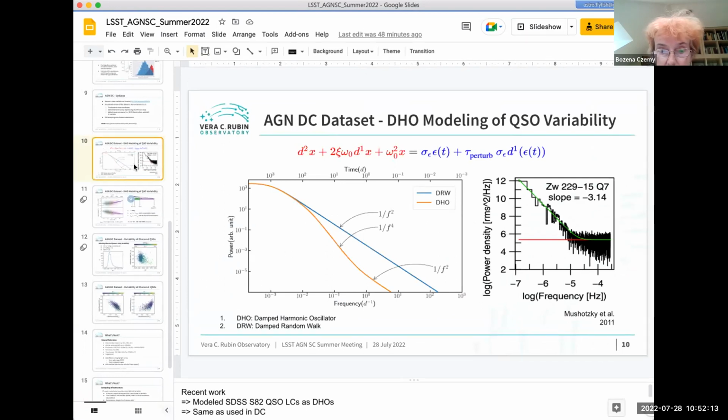I'm not really familiar with that model, but at least on this plot, it gives something really unphysical, because if you look at the observed power spectrum of an AGN, going from the highest frequencies, it is first steep, indeed much steeper than damped random walk, and then flattens to -1, and then flattens to 0. But it never goes flatter and then steeper and then flatter. That simply does not happen.